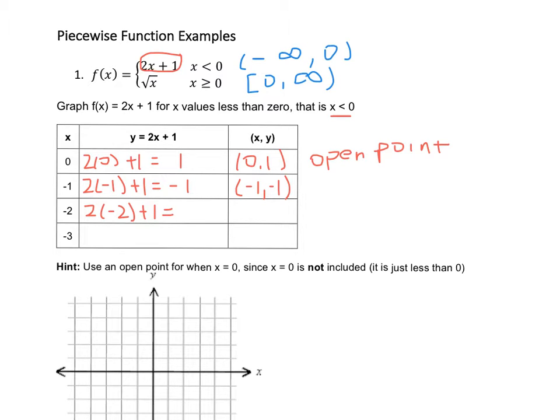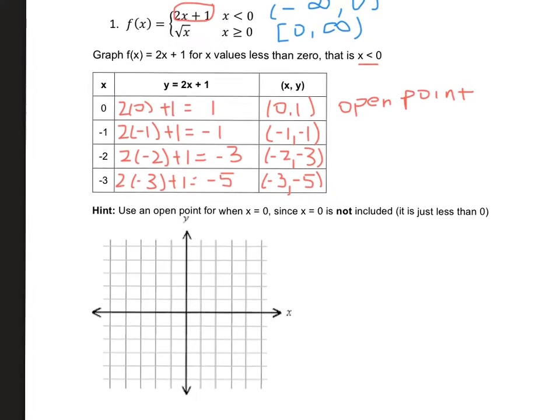We get negative 4 plus 1, so that's a negative 3. So we get the point (negative 2, negative 3). And finally plug in negative 3. So we get negative 6 plus 1, so that's a negative 5, and the point (negative 3, negative 5).